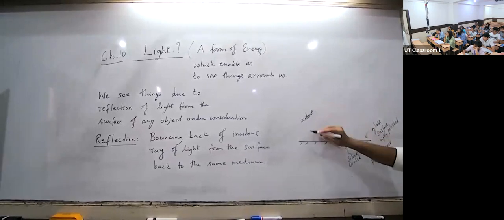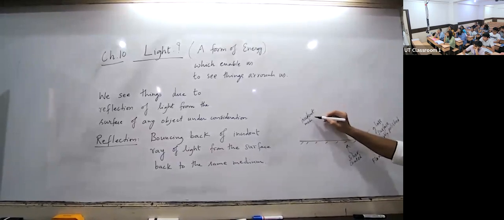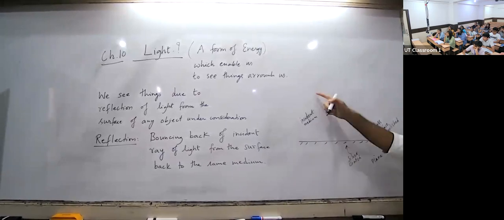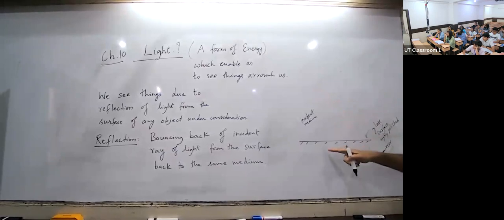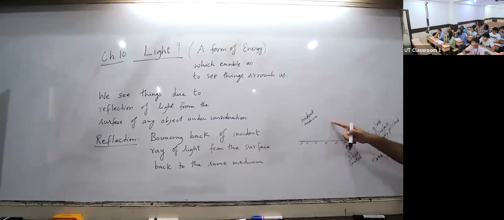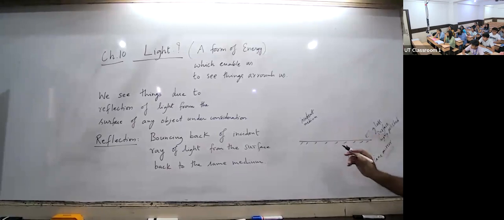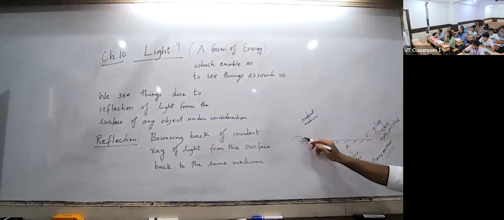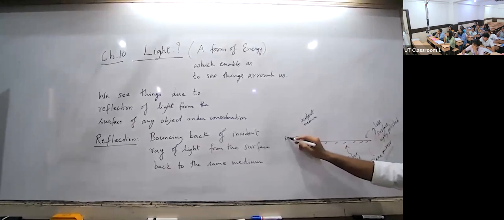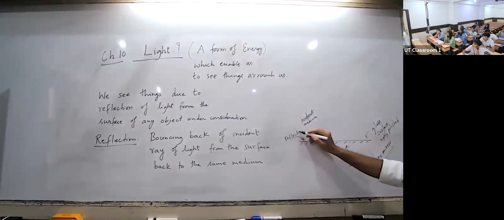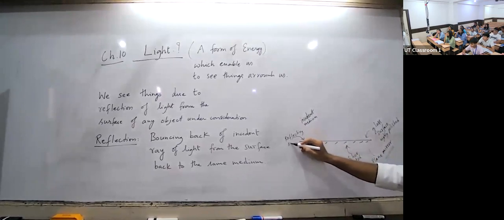What is the incident medium? The light traveled in that medium before finally hitting the surface. That is called the incident medium. And what do we call this surface? We call it the reflecting surface.